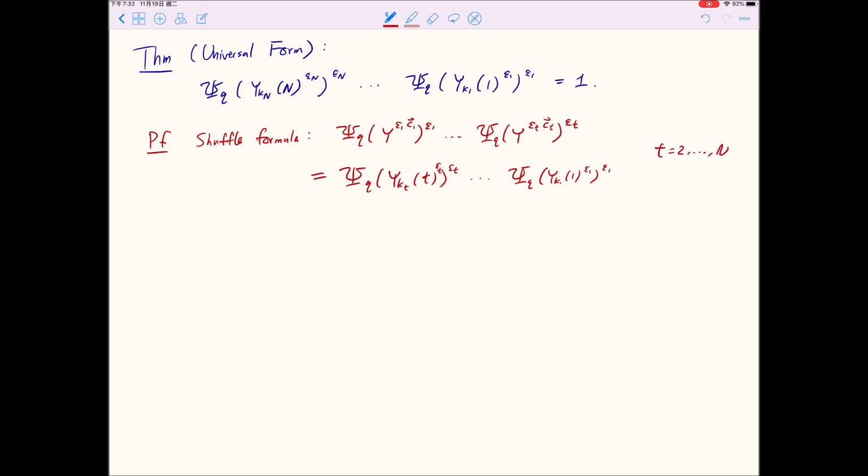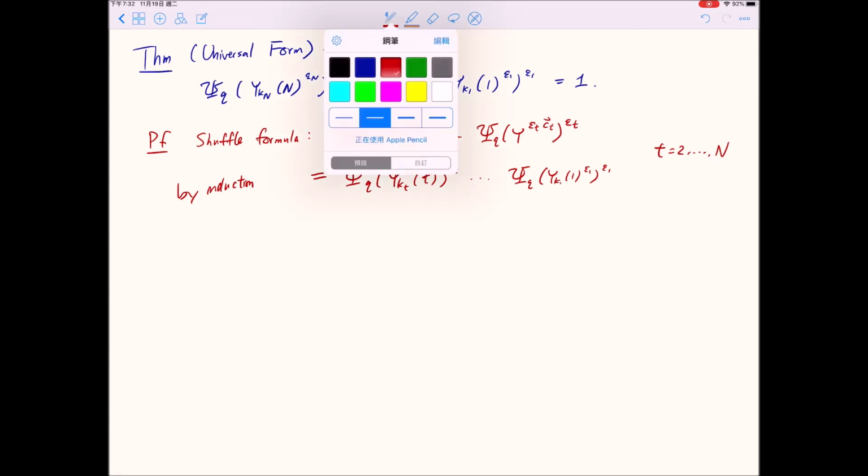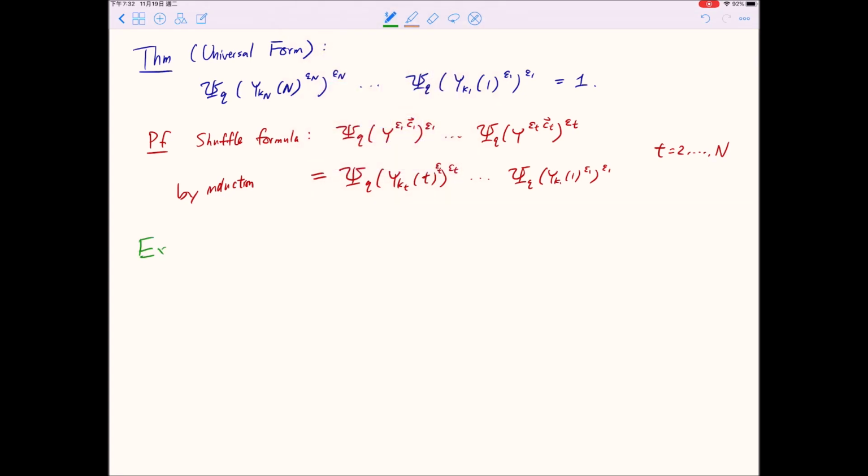So by induction, one can show that these two are the same, and in particular, the universal form is just the case when t is n, the last case. So when t is n, then the left hand side is 1 by the tropical form identity, so the right hand side is also 1. So as an example, the previous identity can be written as follows.